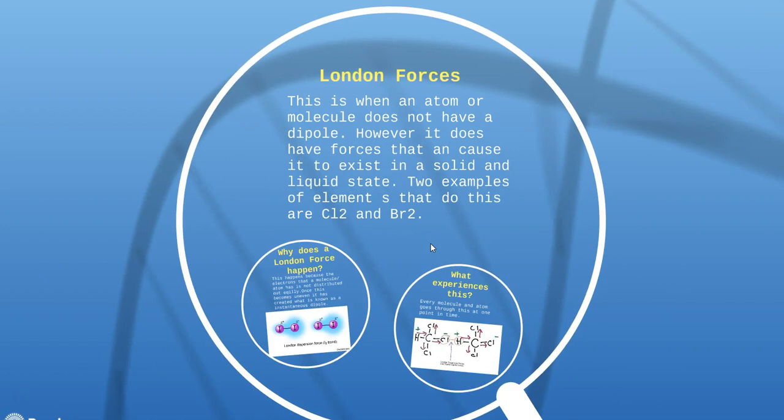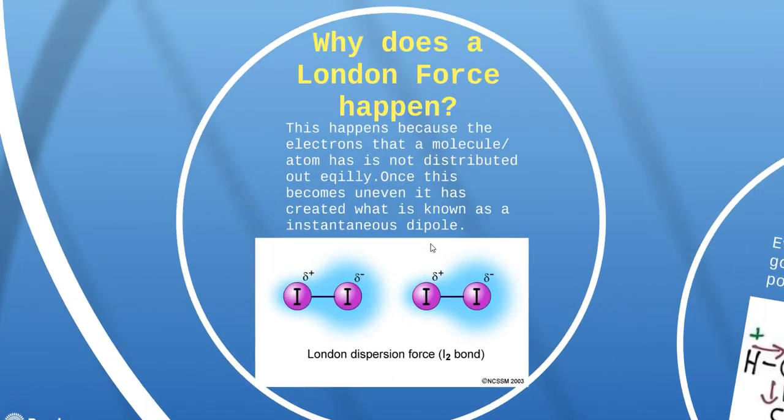The next type of force is a London force, also called the London dispersion forces. London dispersion forces are more keenly attributed to the size or the mass of a compound. What happens in a London dispersion force is that the electrons in a compound are randomly moving all over the place. Sometimes you're going to have some unequal amount on one side, and you'll get a temporary charge.